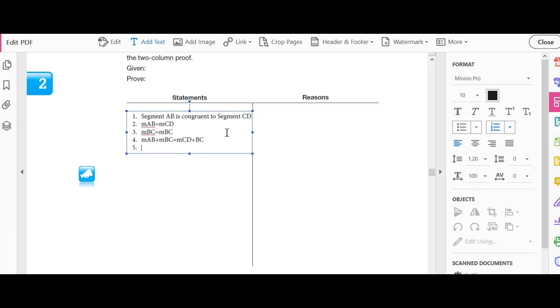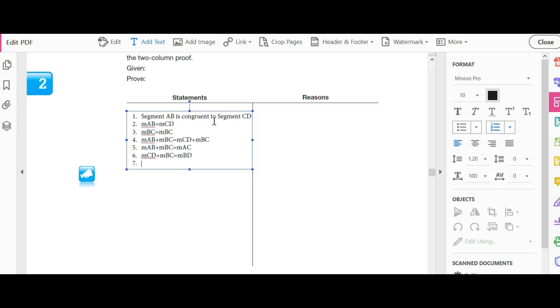And then we're going to say that the measure of AB plus the measure of BC equals the measure of AC, and the measure of CD plus the measure of BC. Oops, I can see that I didn't put measure in here. This is not going to look as good as yours should, hopefully. The measure of BC is equal to the measure of BD. I think the way they wrote this, they turned this around a little bit. They said BC plus CD equals BD, but it's the same thing.